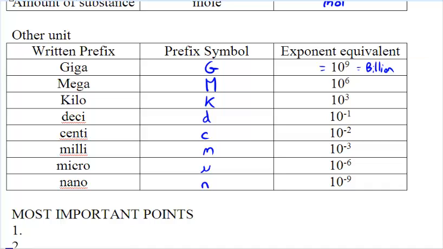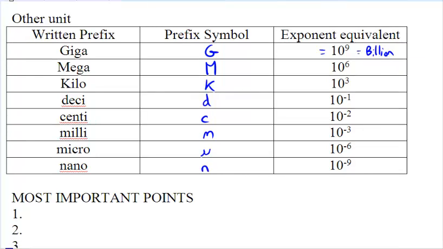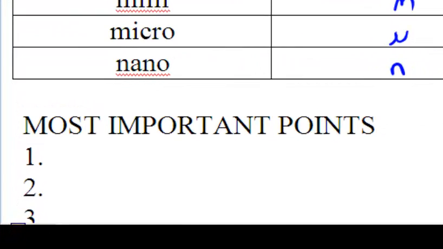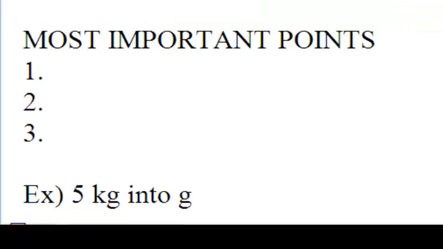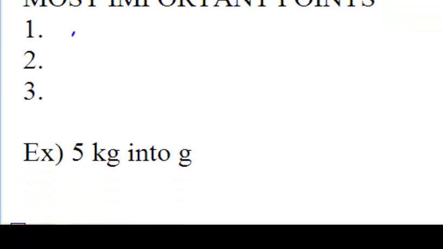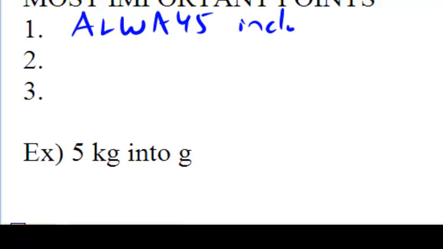So what we're going to do with these things is we're going to apply them in terms of a conversion. If we want to go from one to the next, we have to use certain conversion factors, which we'll talk about in a second. So first of all, the most important things that you need to make sure that you do in order to be successful is number one, always include units.